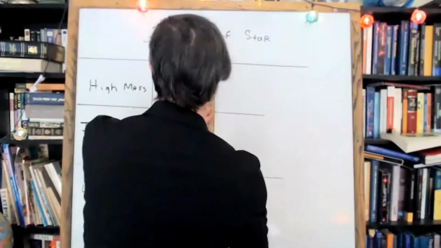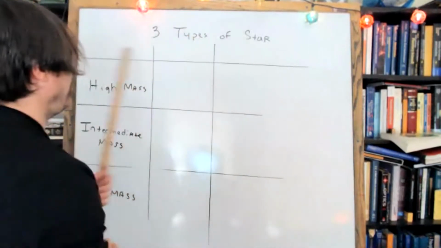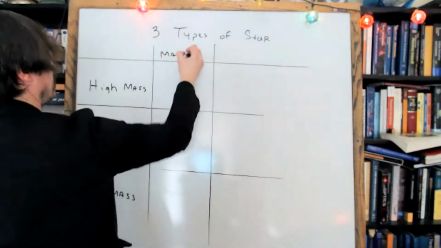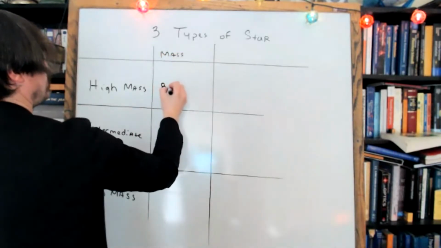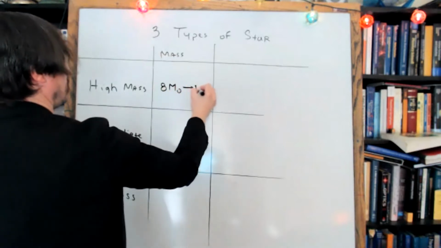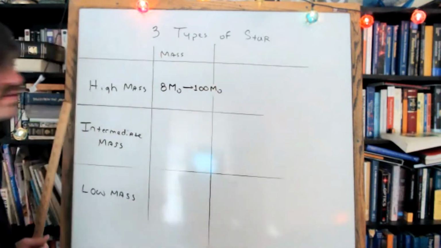If we were to do the spectral types, actually, let's do their mass range, okay? So the mass range for a high mass star is between 8 solar masses and 100 solar masses, okay?